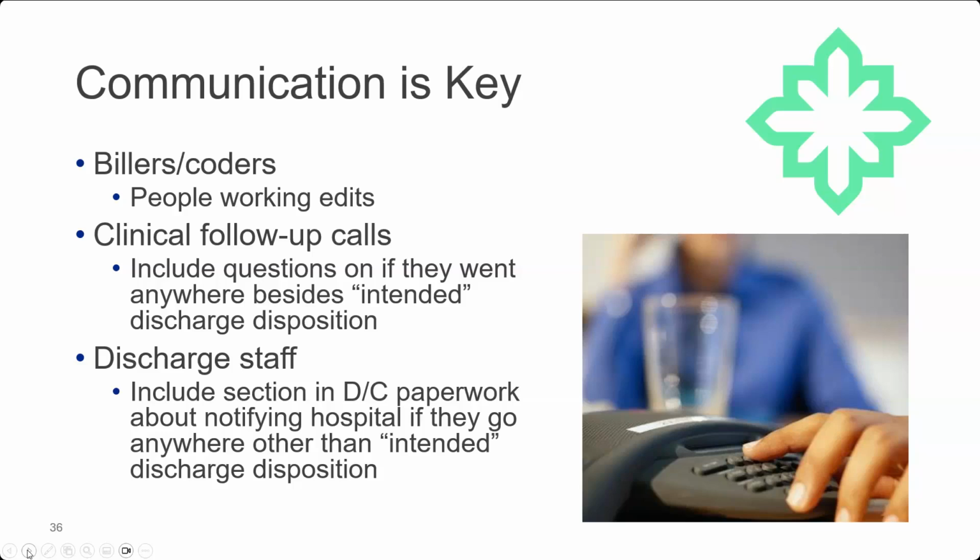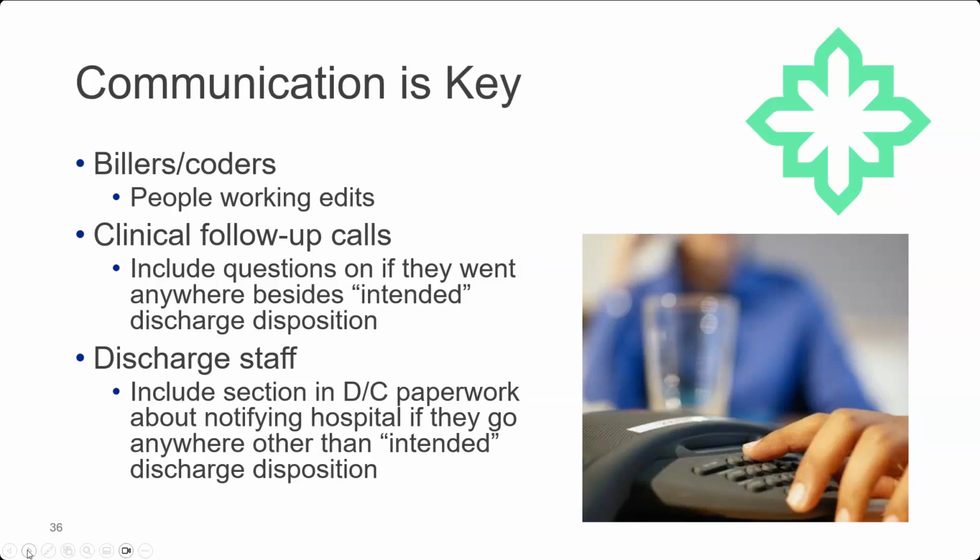Discharge summaries that go to other facilities, like a skilled nursing facility, should also include some sort of statement to that receiving facility that your intended discharge disposition at the time of discharge was XYZ facility for skilled nursing facility services, or Part A skilled nursing facility services.